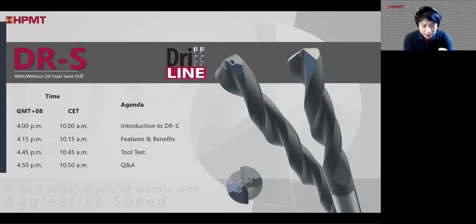Second, DRS against competitors, for those of you looking for a tool test to pair against an existing product that you may be looking to get into. And finally, the DRS on the conventional and aggressive cutting parameters, for those of you looking for an edge in providing a more aggressive cutting parameter or a better result in your machining.